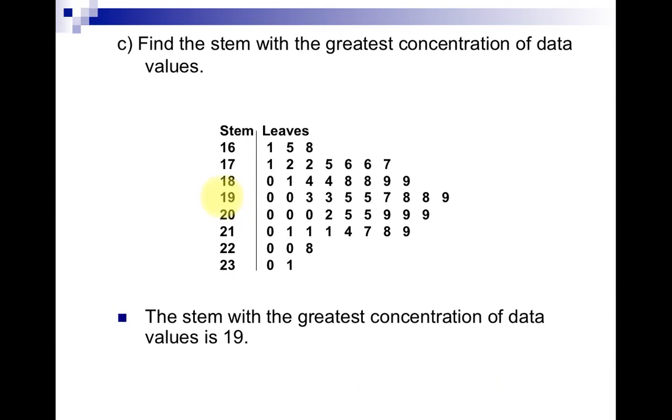Okay, because how many leaves have a stem of 19? 1, 2, 3, 4, 5, 6, 7, 8, 9, 10. And that's more than any other stem.